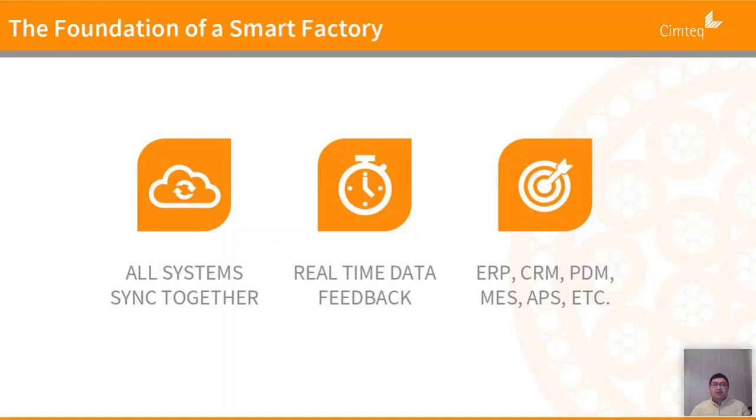So we're talking about smart factories, which means those things are taking effect, and we need some foundations. First, you need to have all of these software systems. For example, all of you will have ERPs, and for sales, you will have your CRMs. For your design operation department or new product development, you will have a PDM, product data management software. For the shop floor, you will have an MES to help with the execution of your cable production.